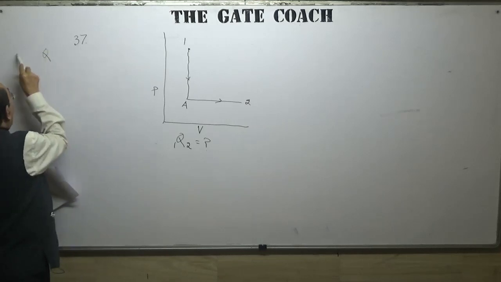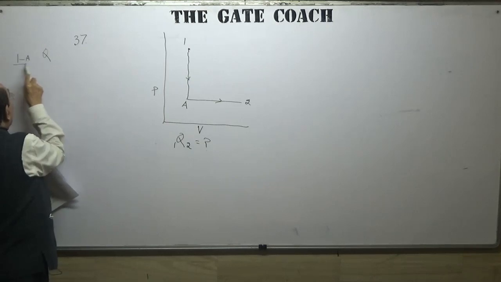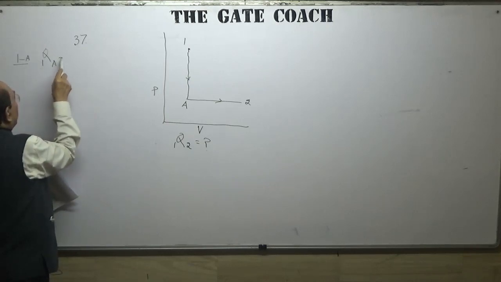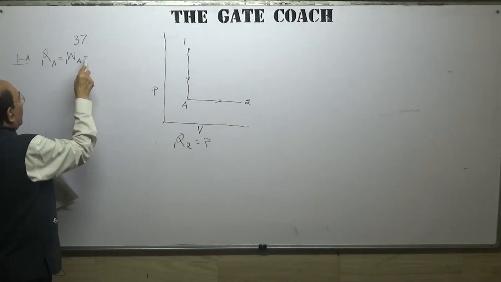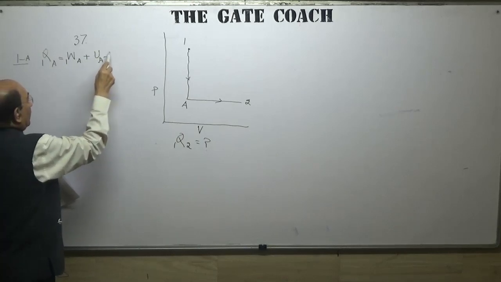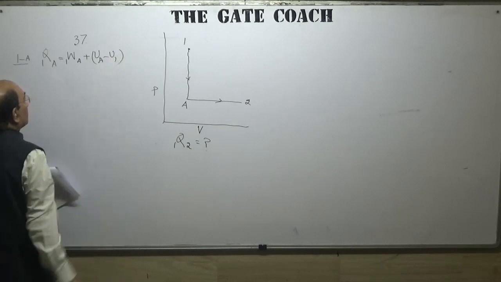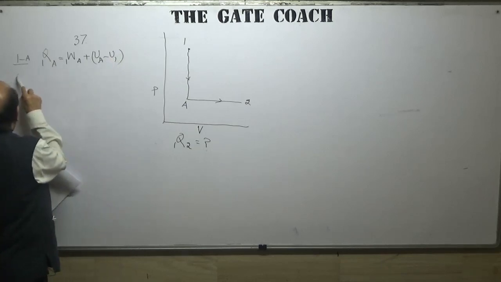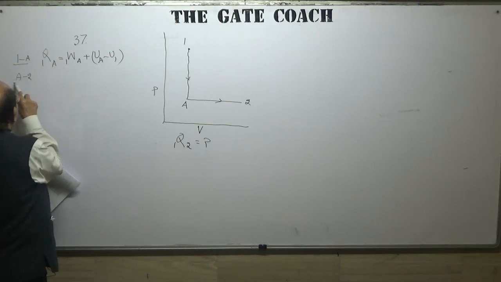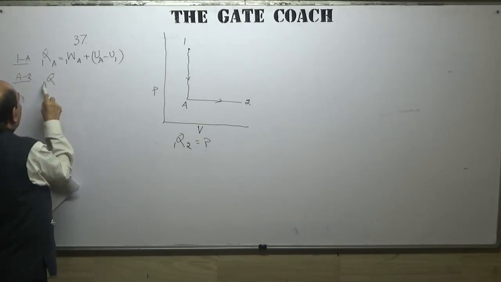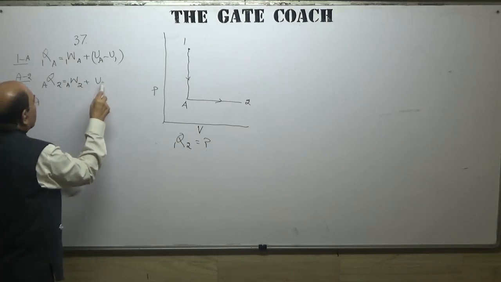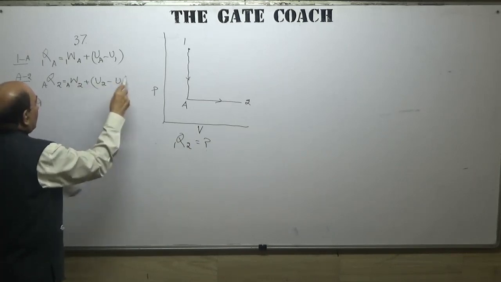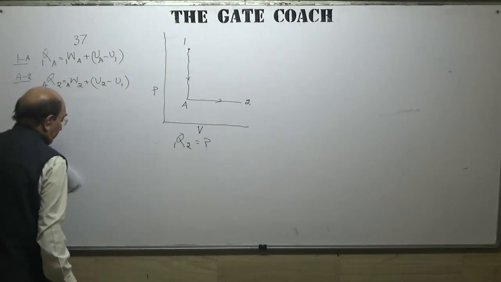In 1 to A, heat transfer Q1A is given as work done plus change in internal energy. Then in the process A to 2, QA2 is given as WA2 plus U2 minus U1.